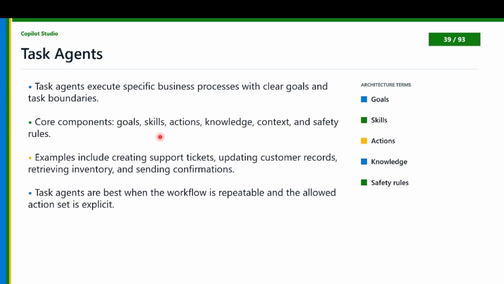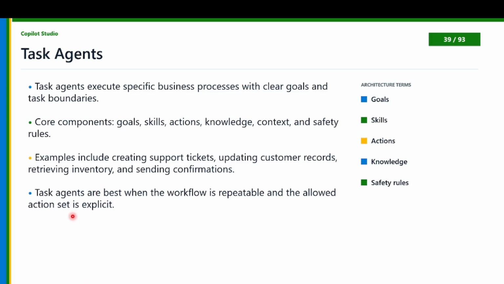Core components that you should include in a task agent, and you must make sure that they are clearly and well defined. Task agents are best when the workflow is repeatable and the allowed action set is explicit. Very, very important. Task agents are good when you are building a workflow that follows a particular pattern and that is repeatable.